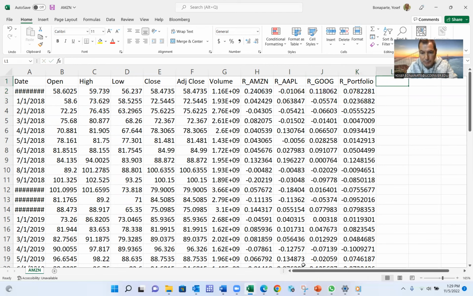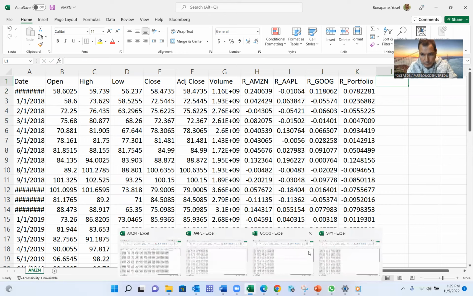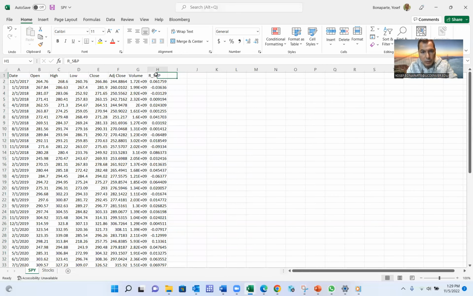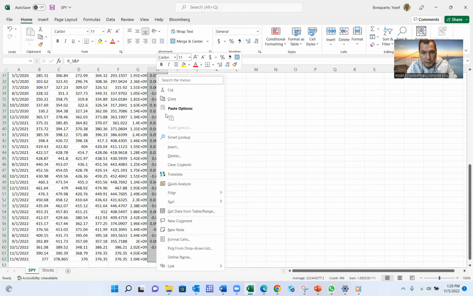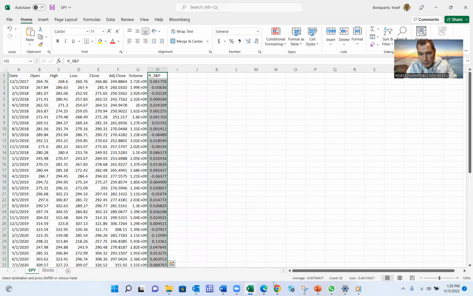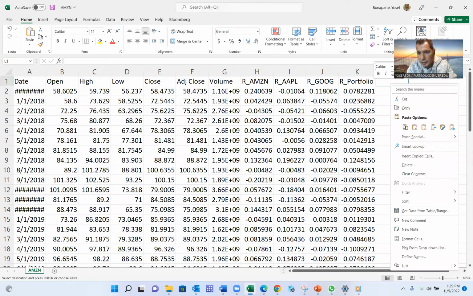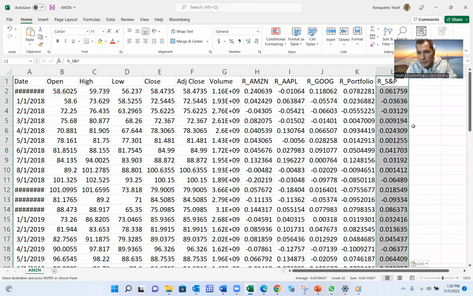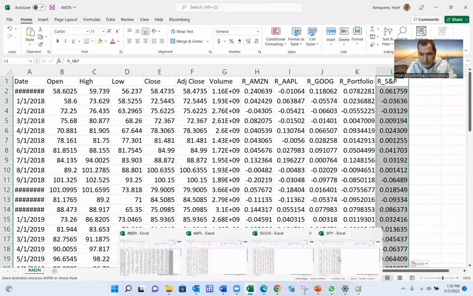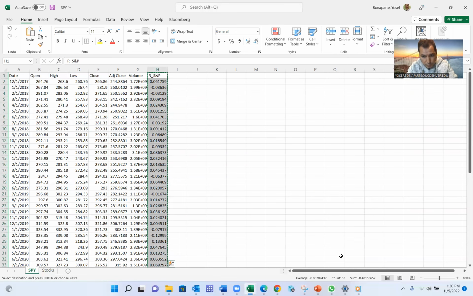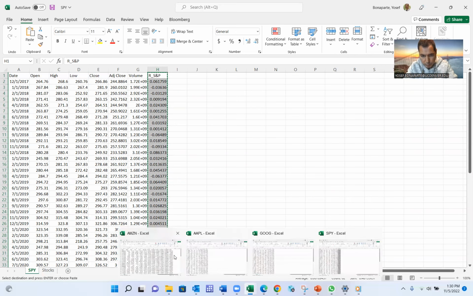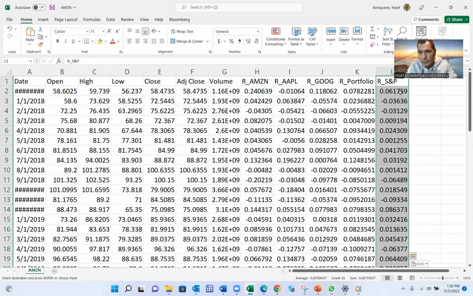All we need is the S&P, and we're done. That's the S&P. Then right-click, copy, and you go back here and put values again. Make sure it's values. Values, and then we get everything we need.